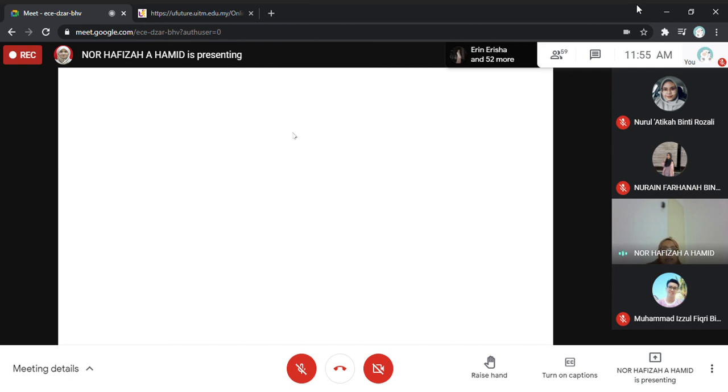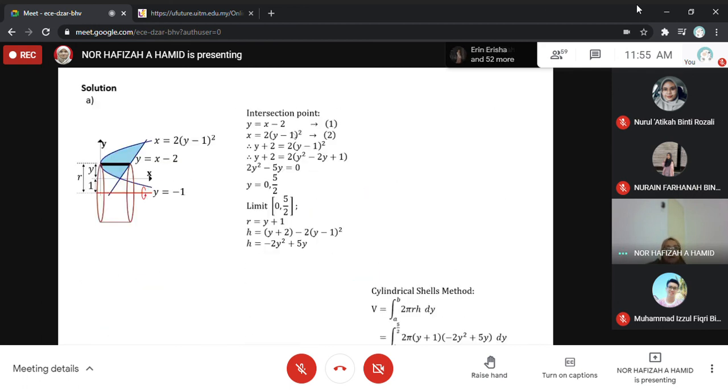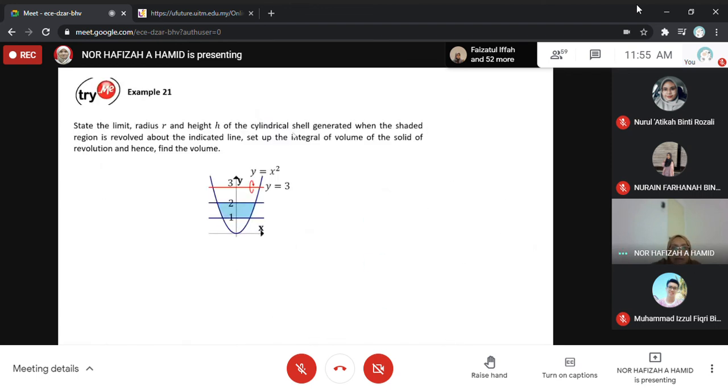Okay. So next, last example. Example 21. For example 21, we want to solve using the cylindrical method. You draw a strip parallel to the axis of revolution.